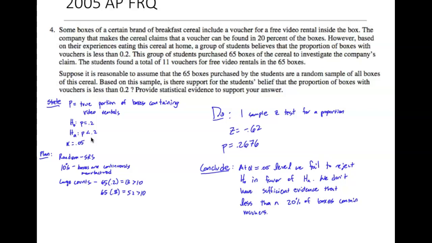If our p-value is below alpha, we reject the null hypothesis in favor of the alternative. So it's just good practice in your conclusion to state what significance level you're using to make your decision on whether you reject or fail to reject. So in this case, at alpha equals 0.05, what are we doing? Rejecting or failing to reject?